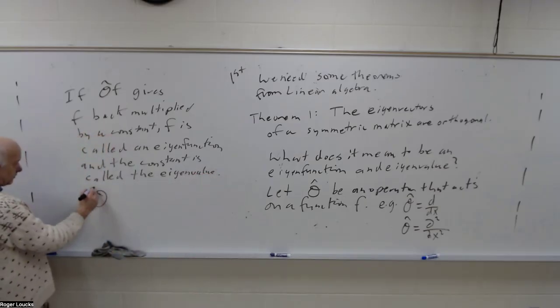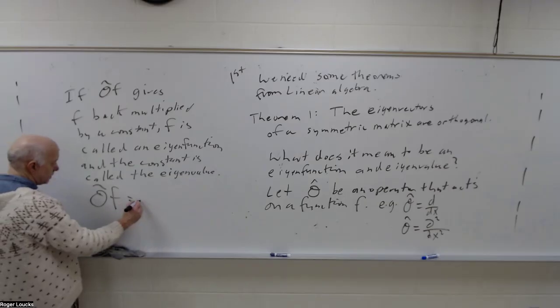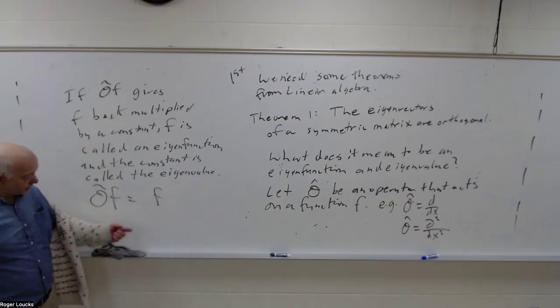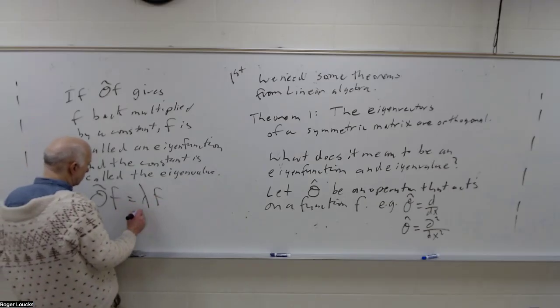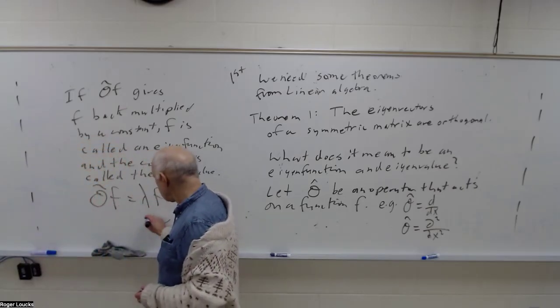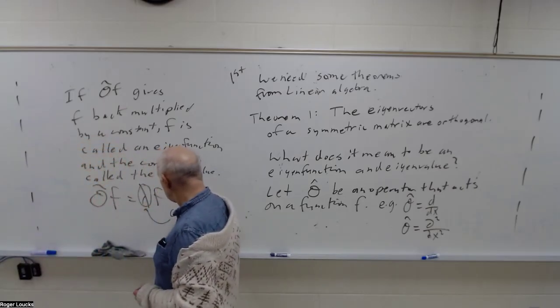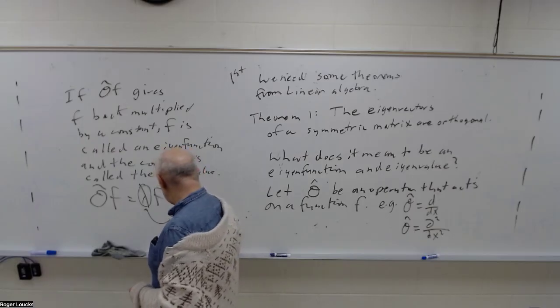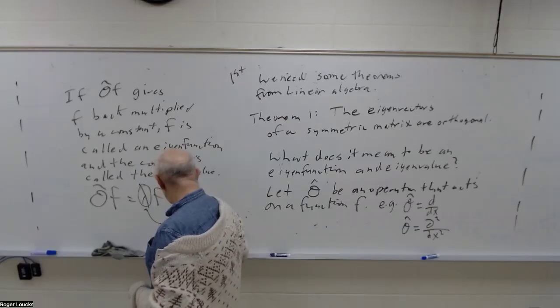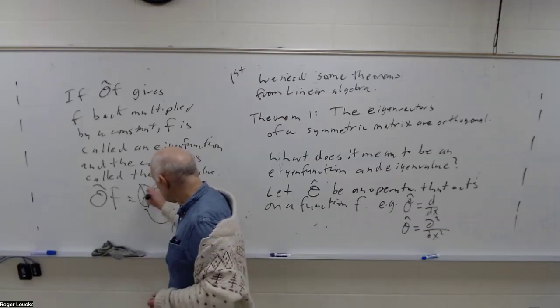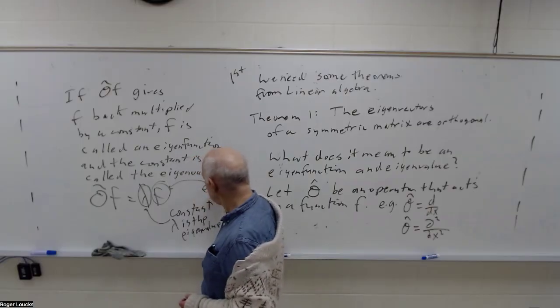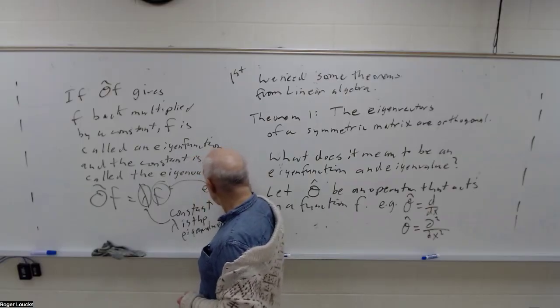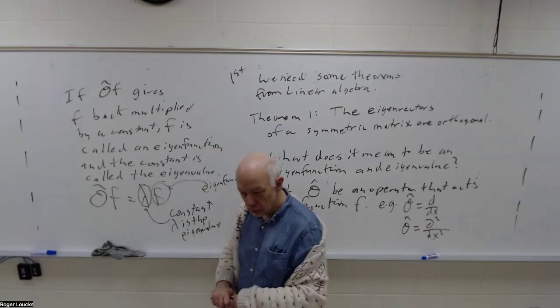What this means is that O acts on f, we get f back, the same function, and then we have a constant, which is almost always called lambda. So lambda is the eigenvalue, and f is my eigenfunction.